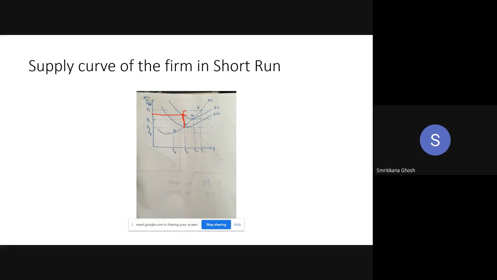Once you enter the production process, whatever you earn, you can cover your variable cost given that price. And if you stop your production, you are not earning and not spending on the variable factor, so it's done. But what about the fixed factor? If you are in the production process, a part of your fixed cost is covered. But if you leave the production, total fixed cost is your loss.